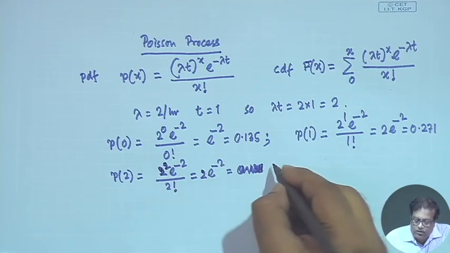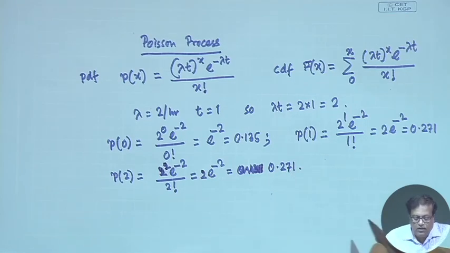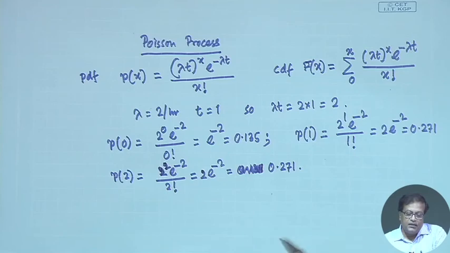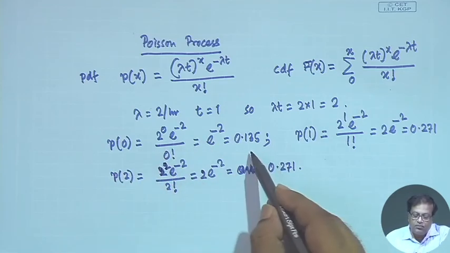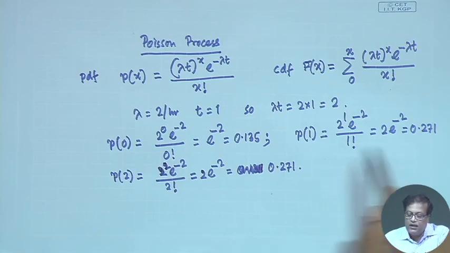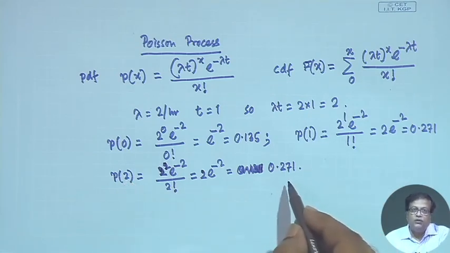So, 2 e to the power minus 2 also will be 0.271. One interesting thing to be noted here is that the probability of 0 arrivals is 0.135, the probability of a single arrival is 0.271, and the probability of 2 arrivals is 0.271.